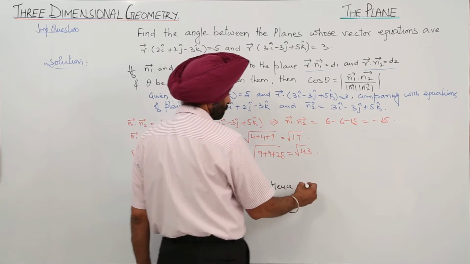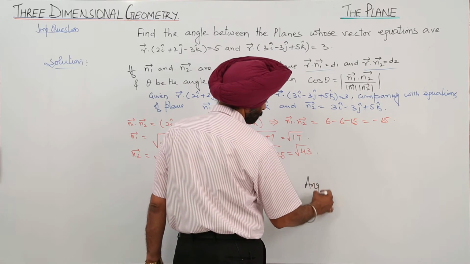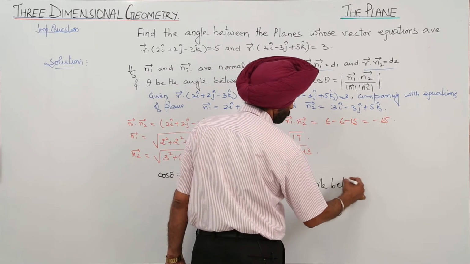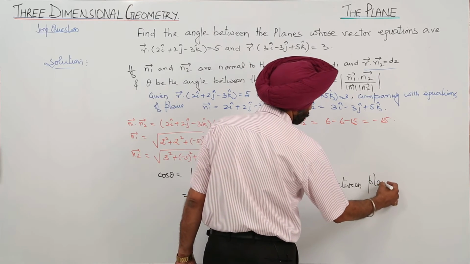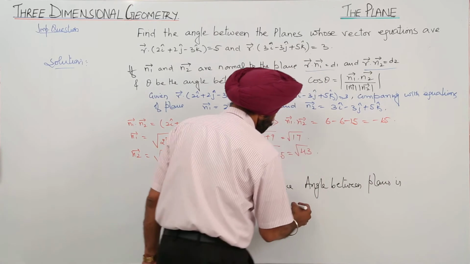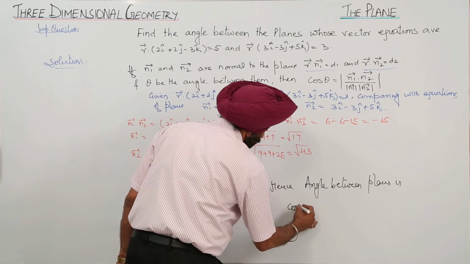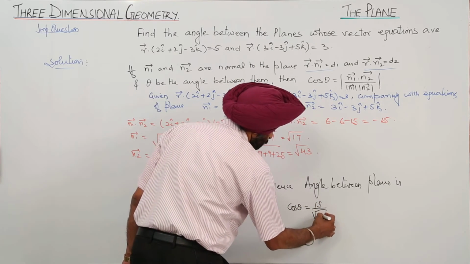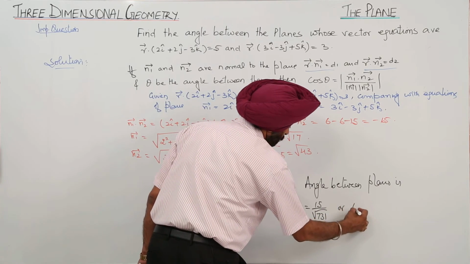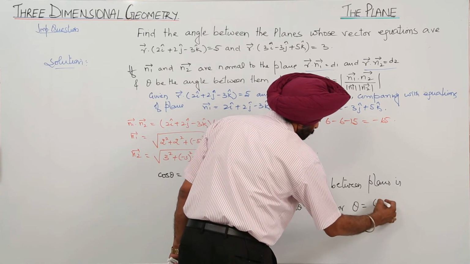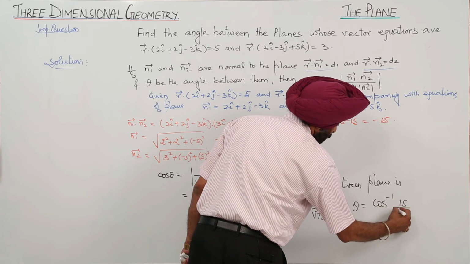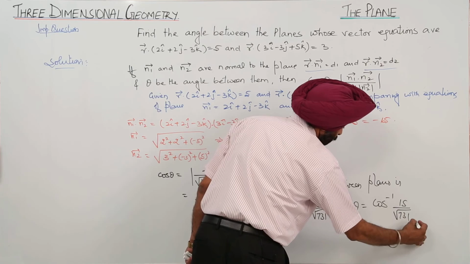Hence, the angle between the planes is cos theta is equal to 15 upon square root of 731, or theta is equal to cos inverse 15 upon square root of 731. Answer.